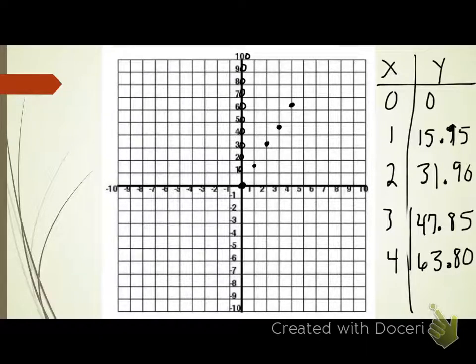So there's my graph of my function that I was just looking at. Now, if you notice, we do not connect the dots on this graph. The reasoning behind that is because this has a discrete domain. Only certain ordered pairs, certain x values are a part of the domain.